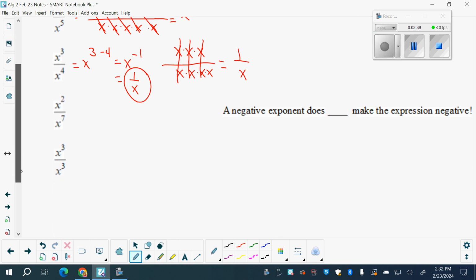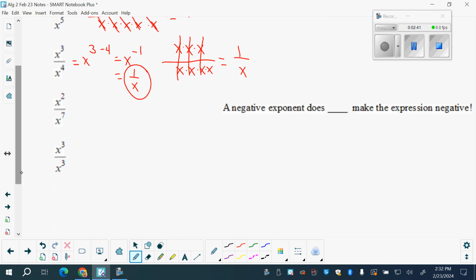So what if it's x to the 2 over x to the 7th? When we subtract those, it would become x to the -5. So a hand, please, to what that would be with positive exponents, because we always want our exponents to be positive. Hayden knows.